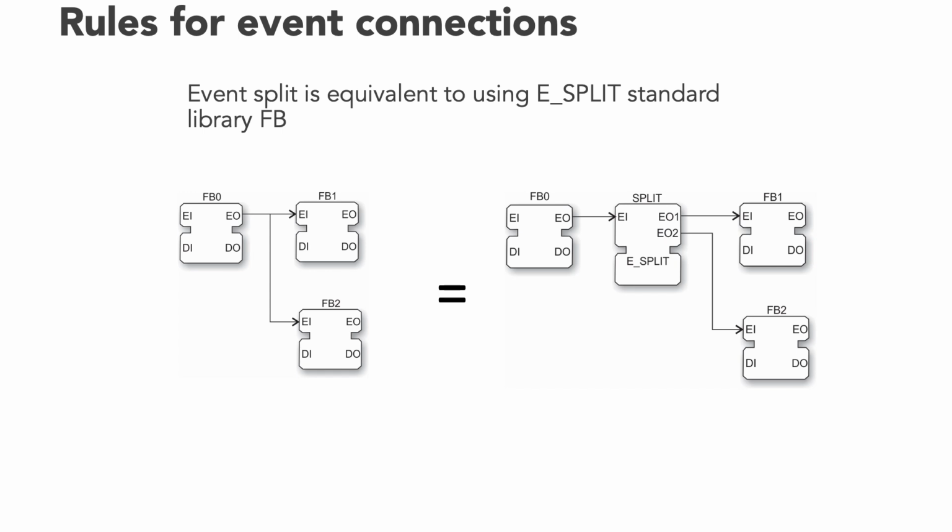One event arrow can go from one event output of a function block to event inputs of several blocks, but it means that the connection is implemented as if there was a standard event split function block where EO1 and EO2 are the outputs. On arrival of the EI input event, it will first emit EO1 and then EO2. So it is actually serializing it in time.